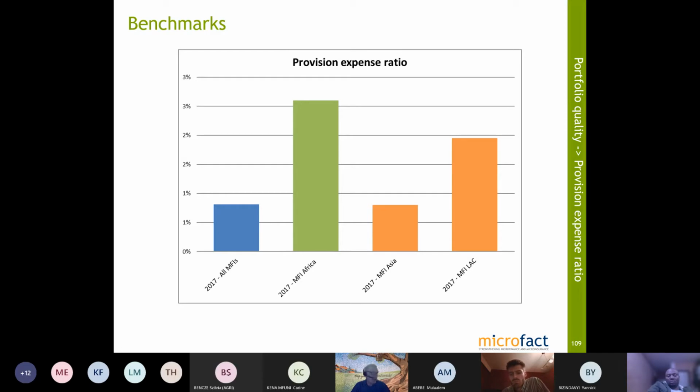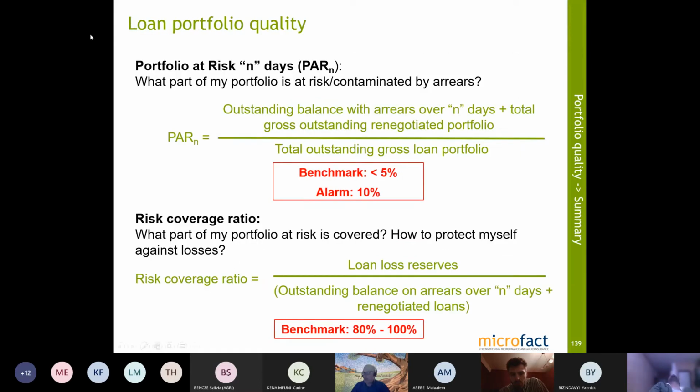So now I have finally discussed the 4 groups of indicators related to portfolio quality. I'm just going to the next session. This kind of information you have all received in your mailbox already.